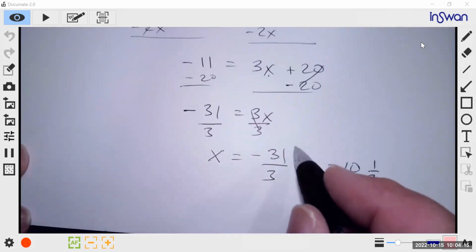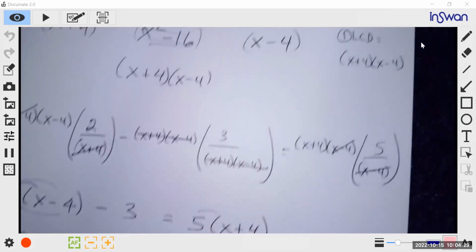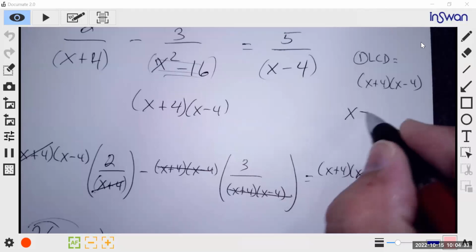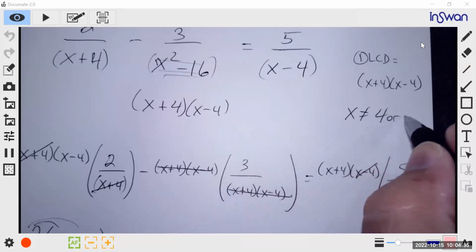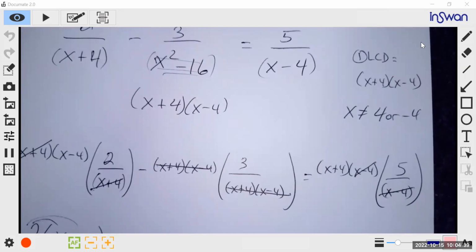But when you check it, it's always easier to check it in proper fractions. What are our x's we can't use? Right, we cannot use 4 or negative 4. Perfect. We should have done that sooner, but I forgot.